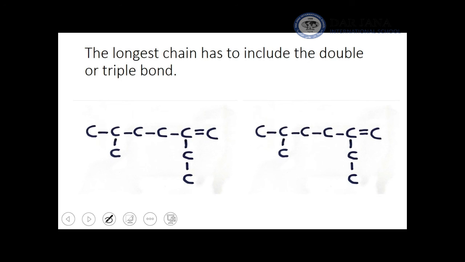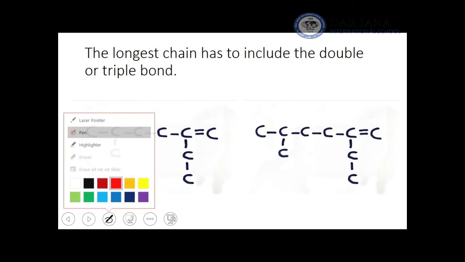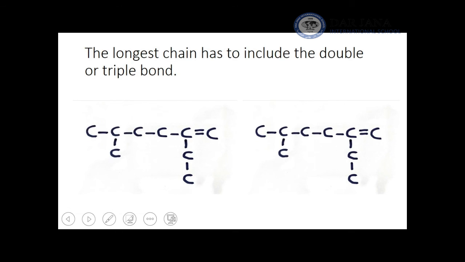The longest chain has to include the double or triple bond. If you have an alkene or alkyne molecule and you want to name it, choose the chain that contains the double bond in an alkene and the triple bond in an alkyne, even if there is another chain that contains more carbon atoms. Let's see this example.